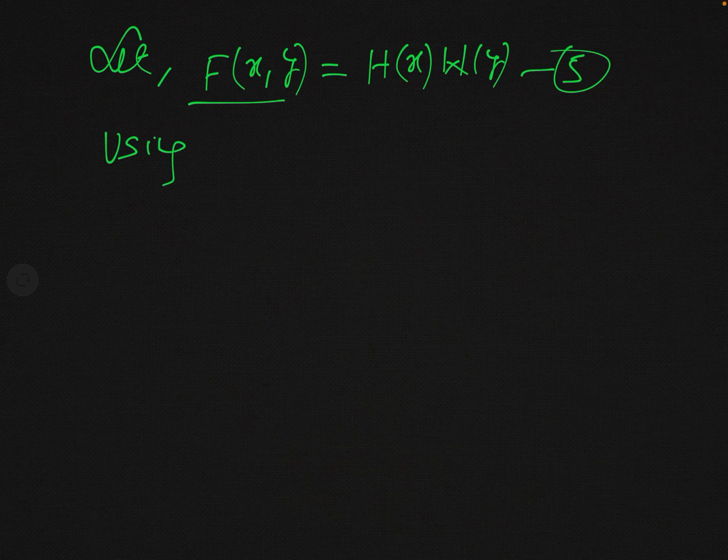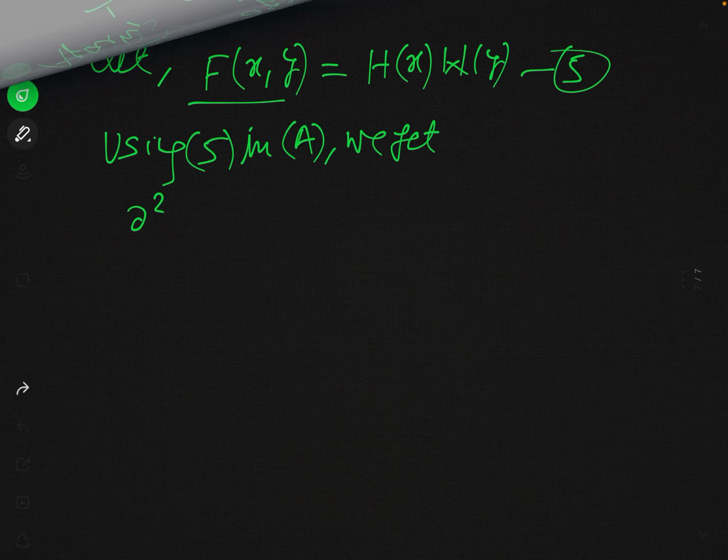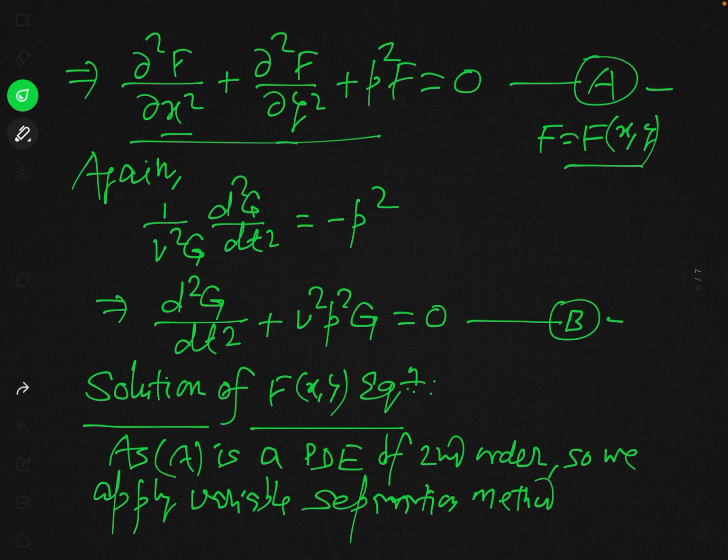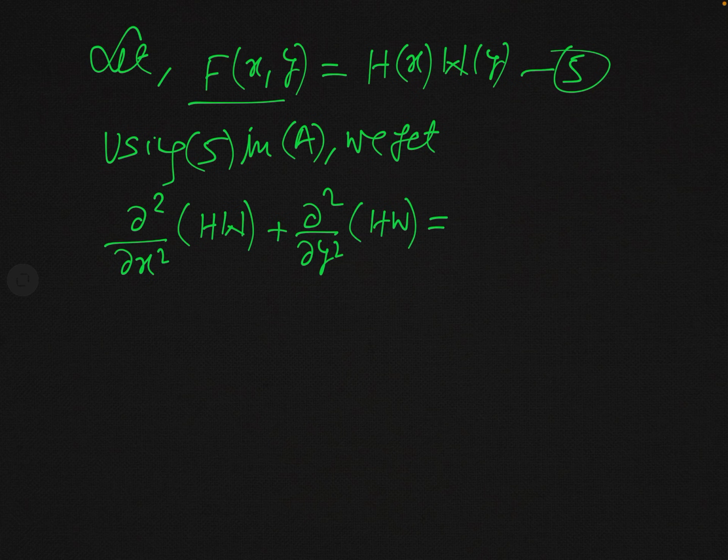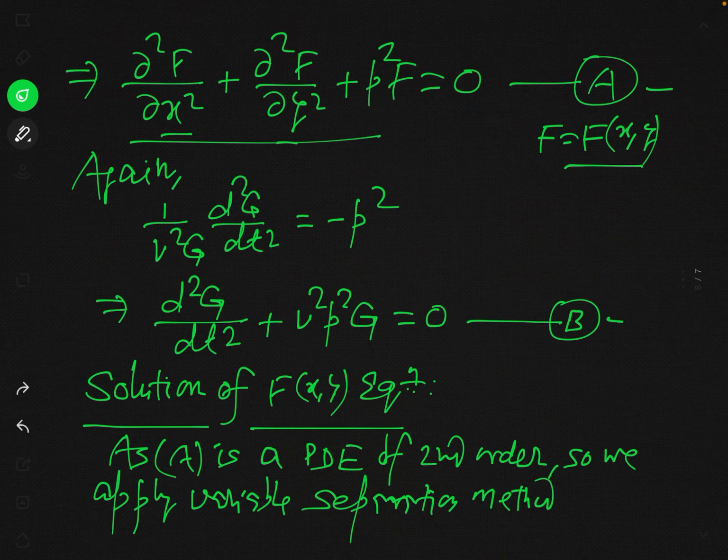So using 5 in A, we get our equation: del 2f by del x square, so this is del 2 by del x square of f, and f is equal to h times w, plus del 2 by del y square of hw, plus p square f.